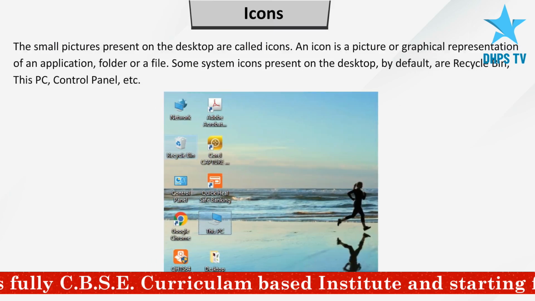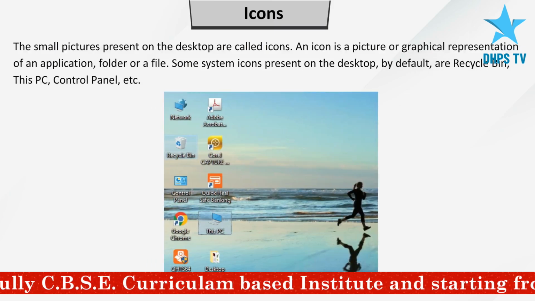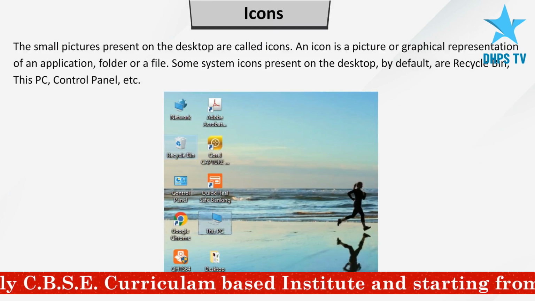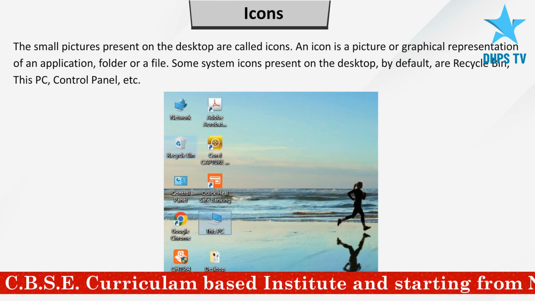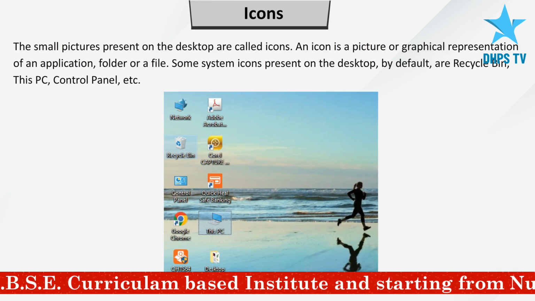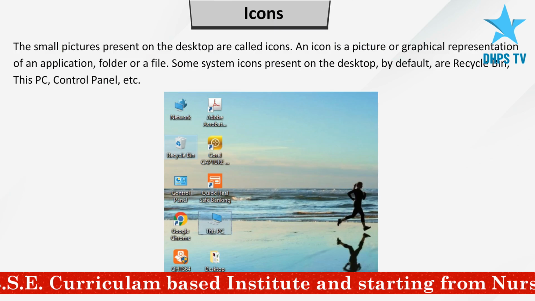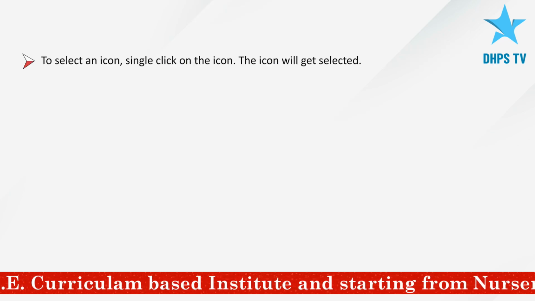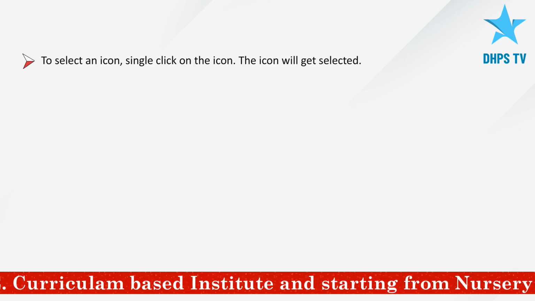Icons. The small pictures present on the desktop are called icons. An icon is a picture or graphical representation of an application, folder, or a file. Some system icons present on the desktop by default are recycle bin, this PC, control panel, etc. To select an icon, single click on the icon and it will get selected.